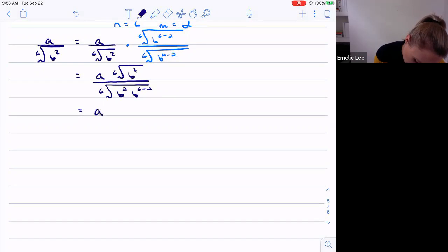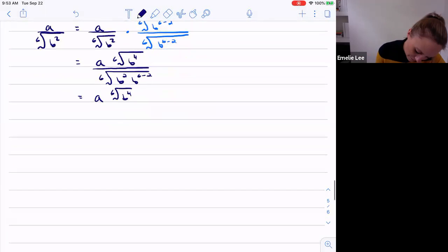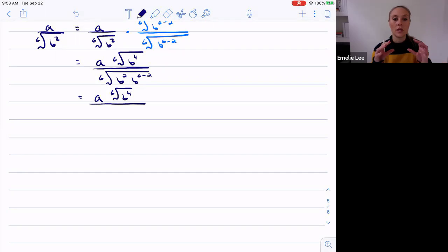So I've got a times the 6th root of b to the 4, which I could simplify, since it's b to the 4 over 6, but I'm just going to leave it, because the goal is to get it into standard form, meaning I don't want to have a root in the denominator.